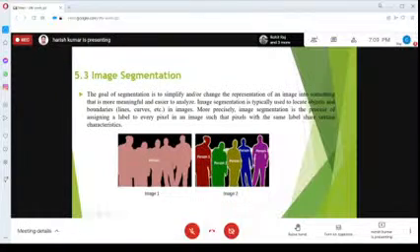Those edges are detected with the help of pixels. Okay, so through pixels we are going to divide these persons, and we can detect them very easily, right? This is the third process.